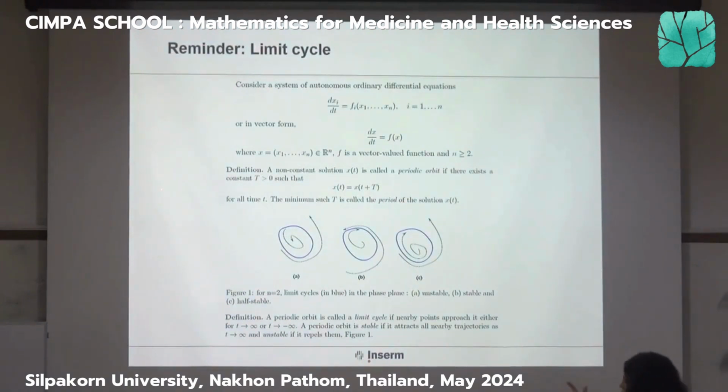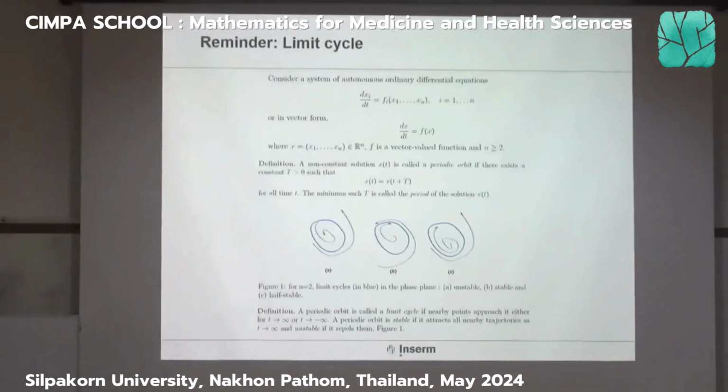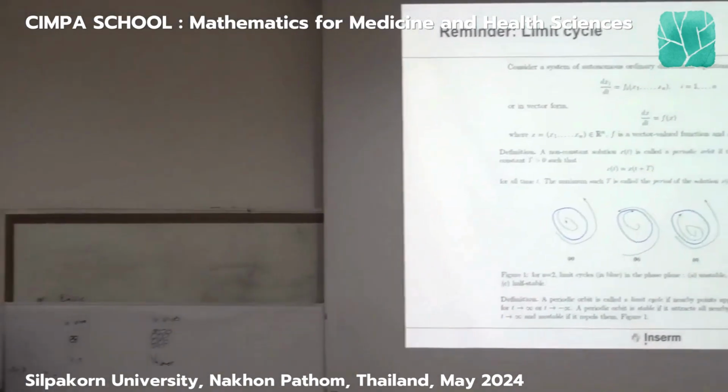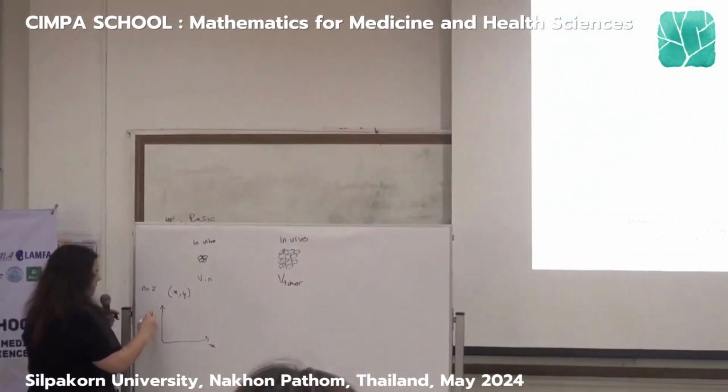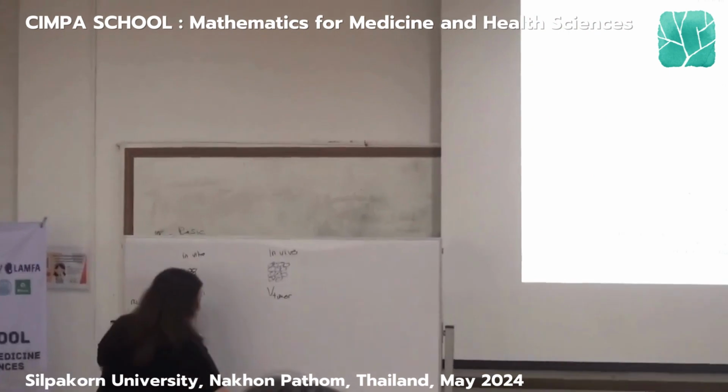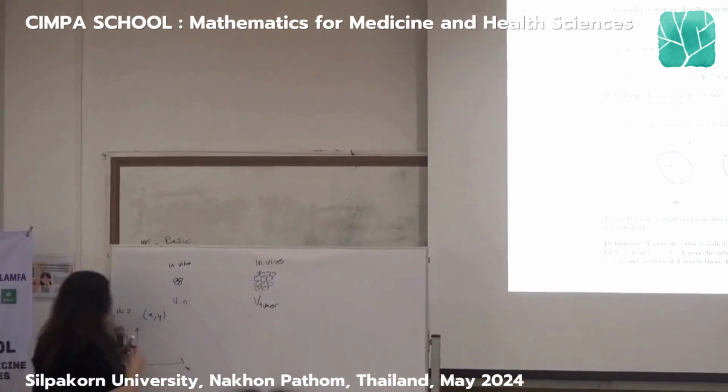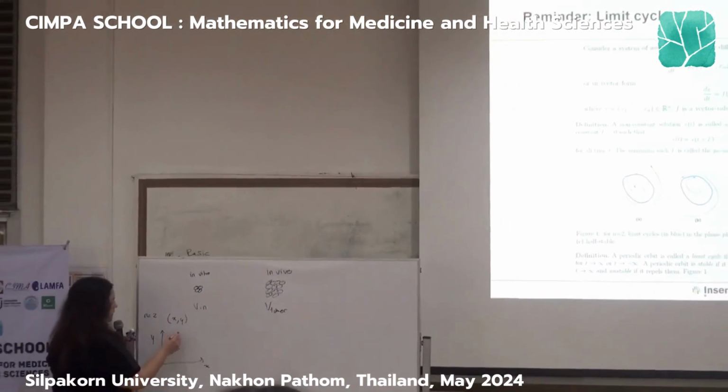So those plots are in 2D, so for n equal 2, and this is in the phase plane. So your state variables are just x and y. And if you have a phase plane like this, you may have a limit cycle like that.